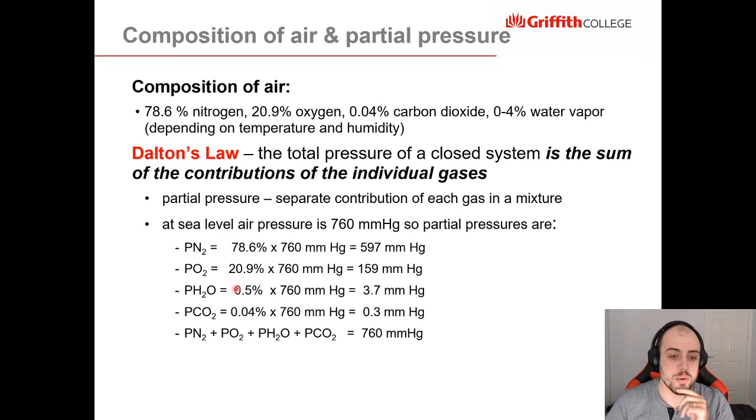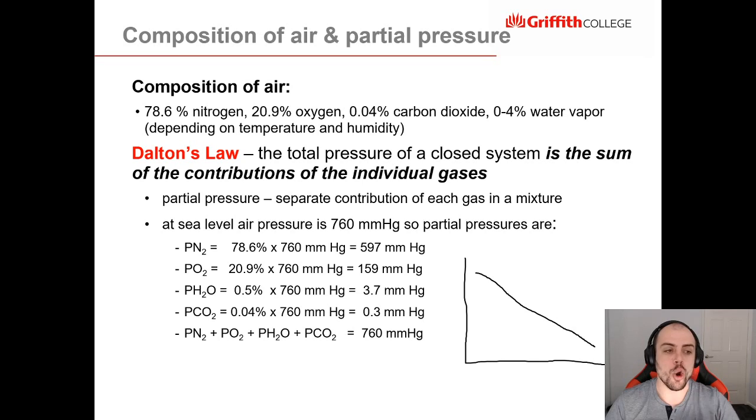Why? Because what do we rely upon very, very heavily when we are breathing? That pressure gradient. We are opening up our lungs and expanding them to increase the volume and decrease the pressure inside of our lungs. Why?